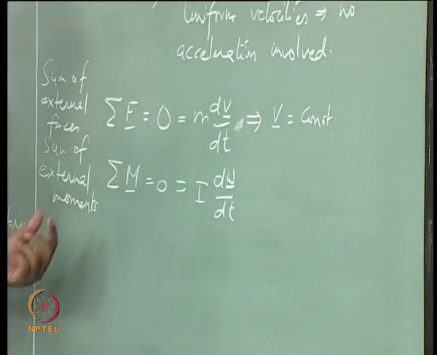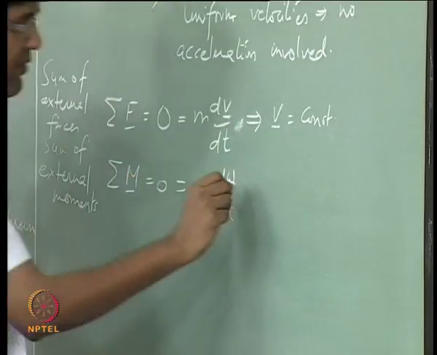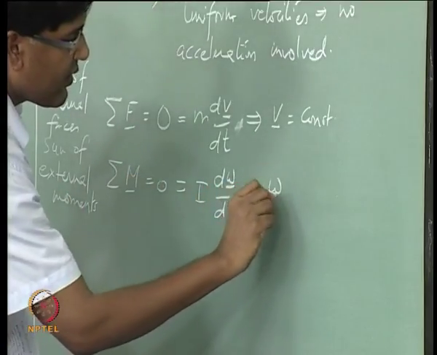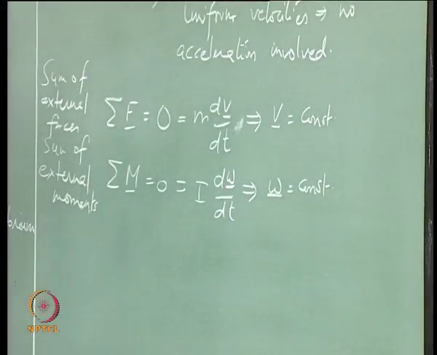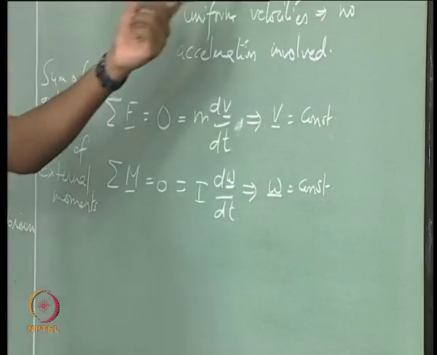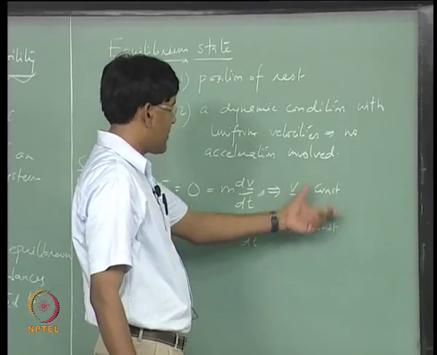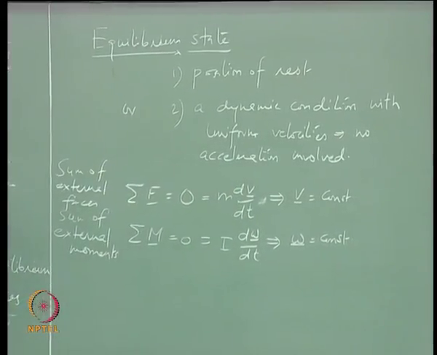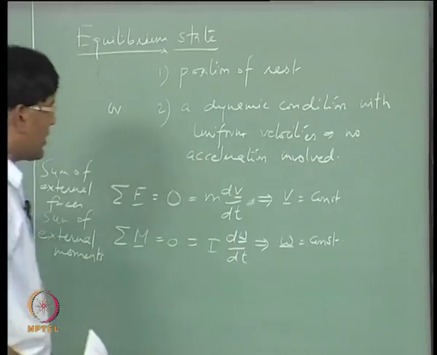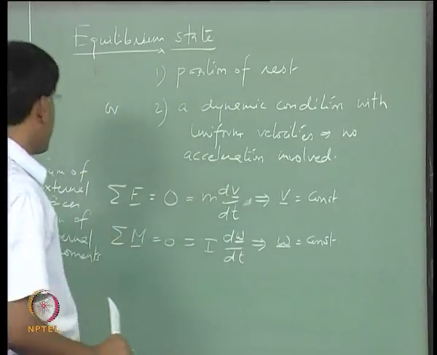So, if the sum of external moments is 0, then what we arrive at is this. So, a dynamic equilibrium condition will be represented by a uniform velocity that can be translational or angular.